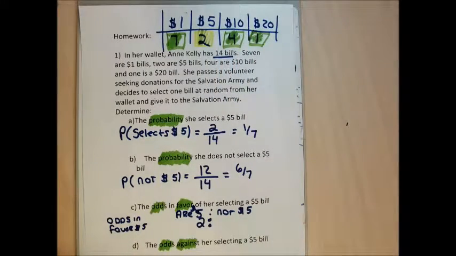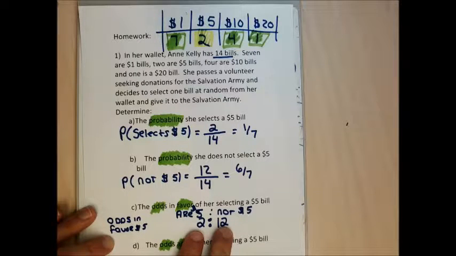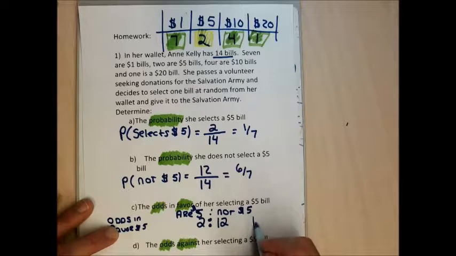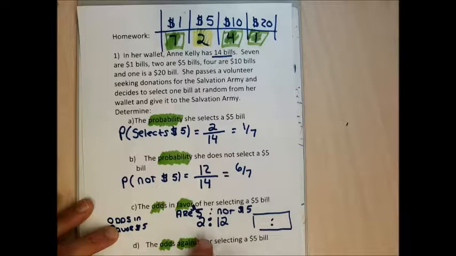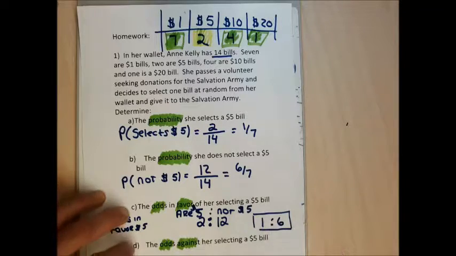If I add those up, that's going to be 12. So the odds in favor of her selecting a $5 bill would be 2 to 12. I'm going to treat this as the fraction 2/12 and divide each of these by 2. And when I do that, I'm going to get an answer that's suitable for a test. 2 divided by 2 is 1, and 12 divided by 2 is 6.